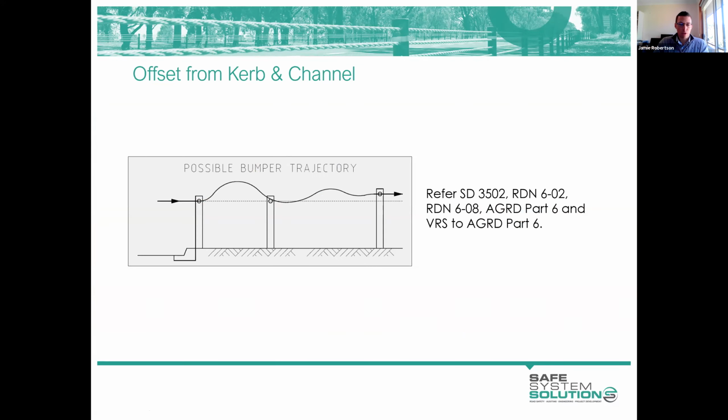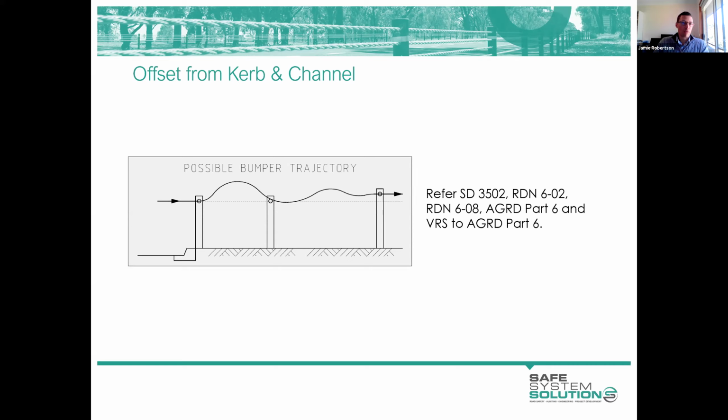The next consideration in determining a barrier offset relates to curb and channel. If you do have a curb and channel at the edge of your road, that feature will affect the bumper trajectory of a vehicle that impacts it.